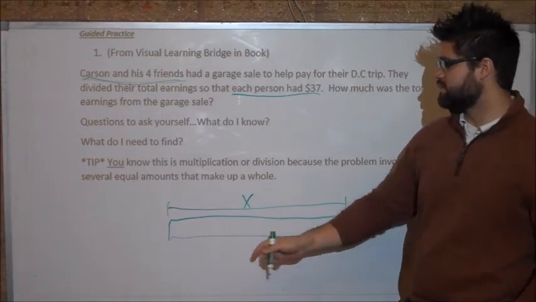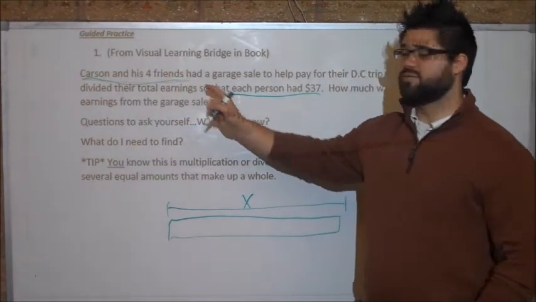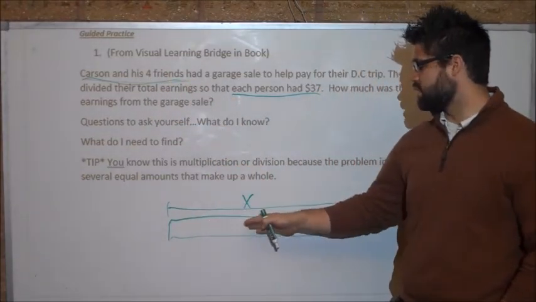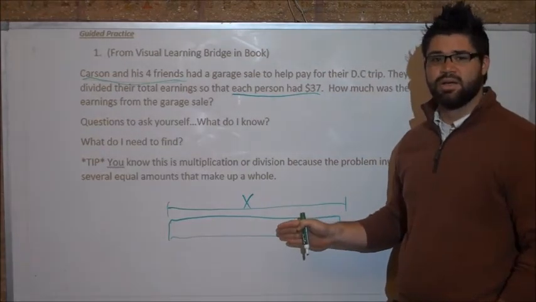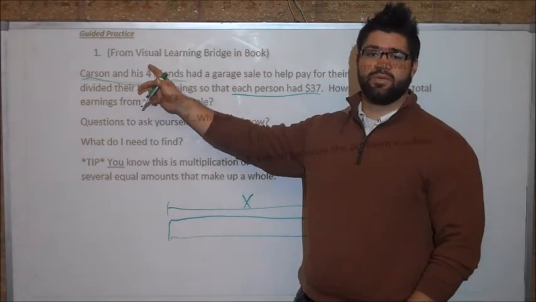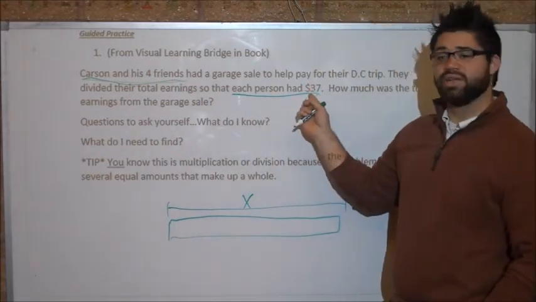So when we divide up this bar, we are going to look and see Carson and his 4 friends. Just because there's a 4, it doesn't mean that we're going to divide this bar into 4 sections. Now, why would that be? Well, it's Carson and his 4 friends, so there's 5 people that we're considering here, and they're each getting $37.